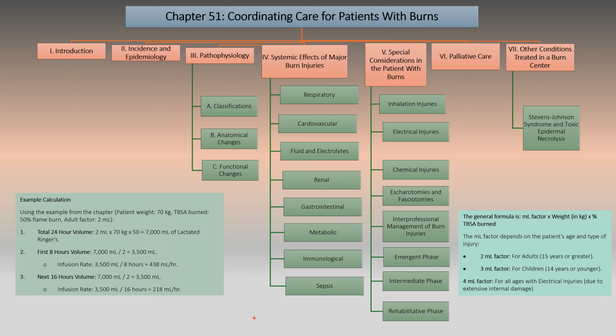Urine output, most reliable, target value 0.5 mL per kilogram per hour. Critical action point: the nurse should immediately notify the healthcare provider if hourly urine output is below 30. We said that, right?